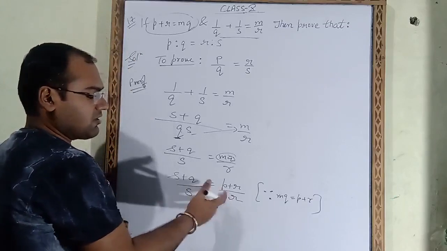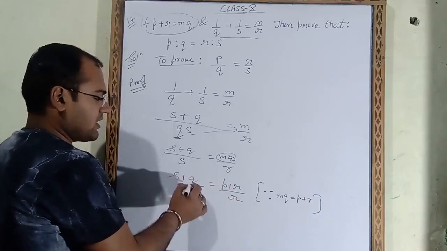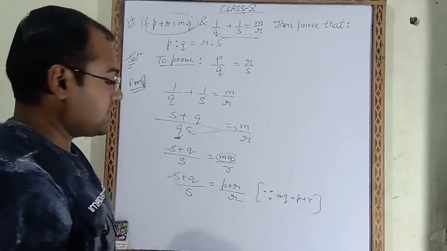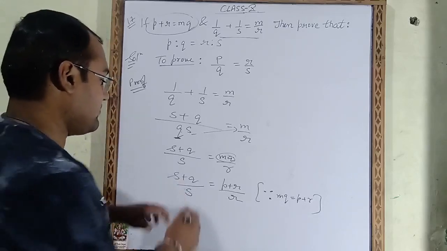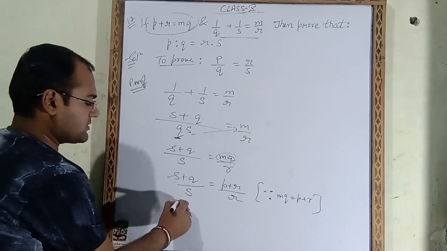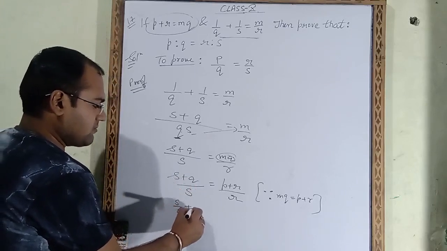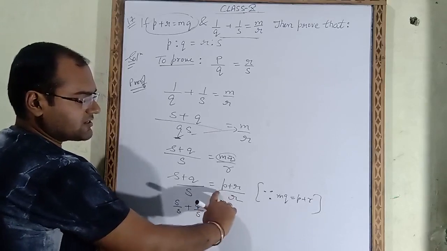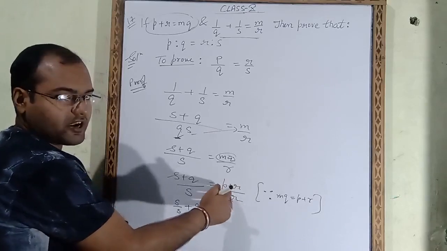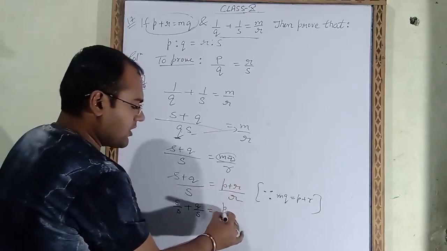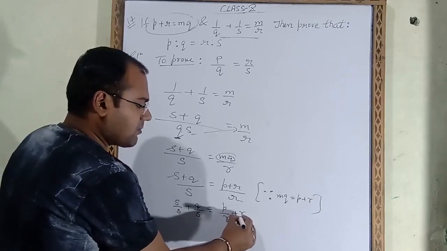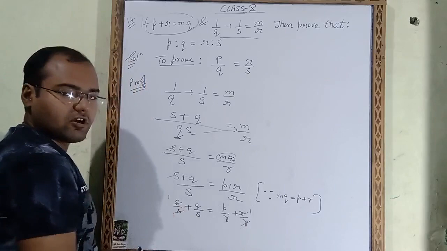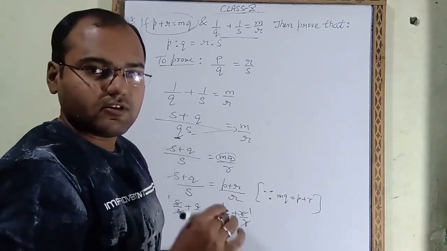Now what is the next step? Next step is we will cross multiply it. This r we have to bring here. Or one more method is there. This s we will take in the denominator of both the terms, s upon s plus q upon s. In the same way we will do here. This r is in the denominator, so separately we will take it under each term. p upon r plus r upon r. r upon r will get cancelled and the answer will be 1. s upon s will also get cancelled, the answer will be 1.